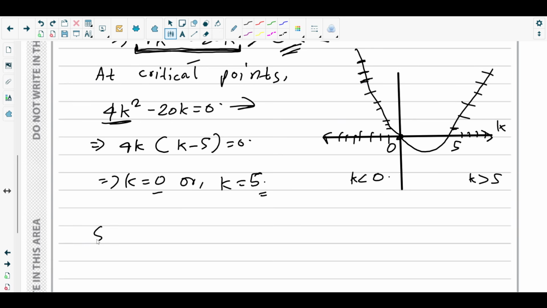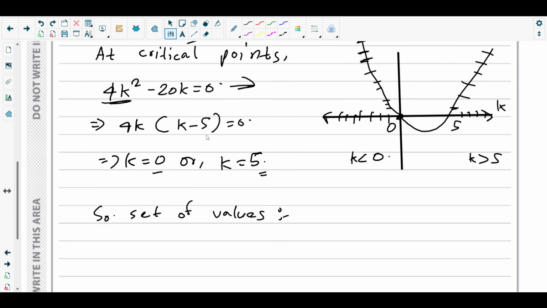So the set of values is k less than 0 or k greater than 5.